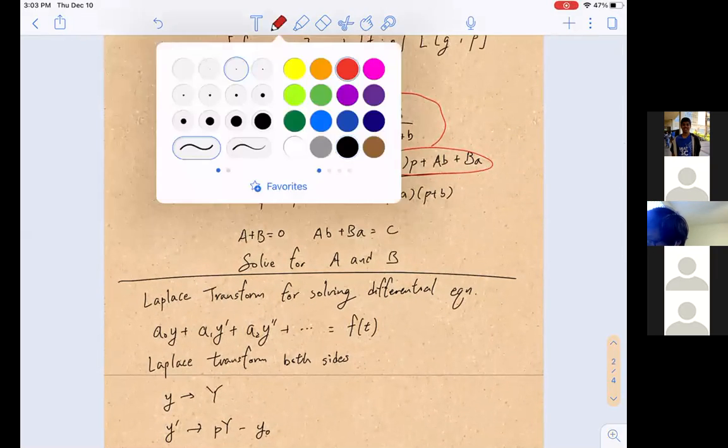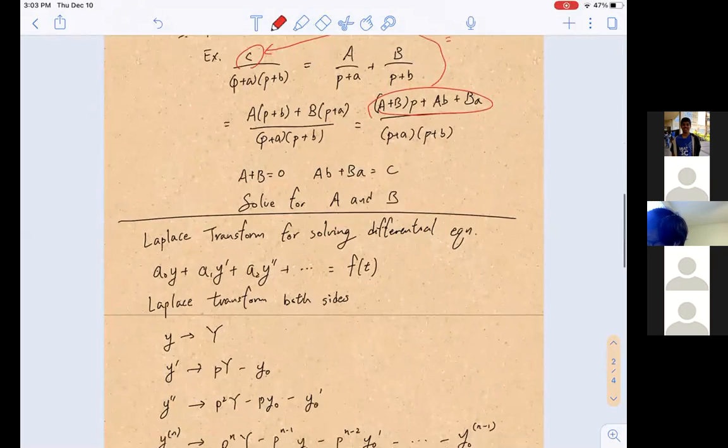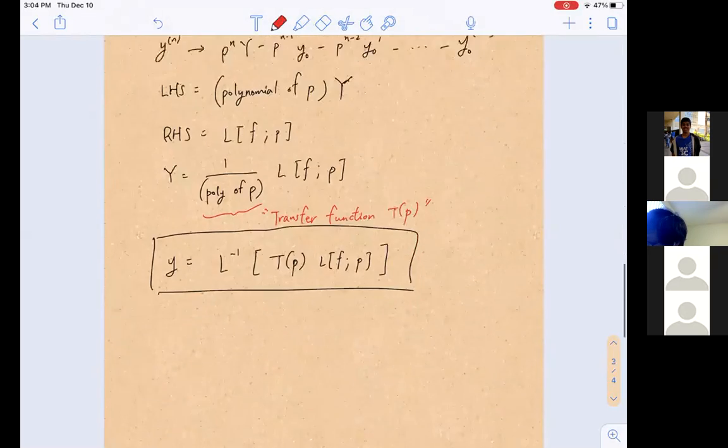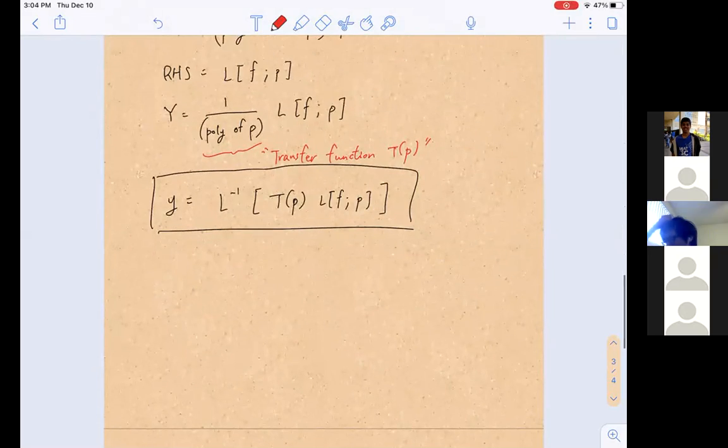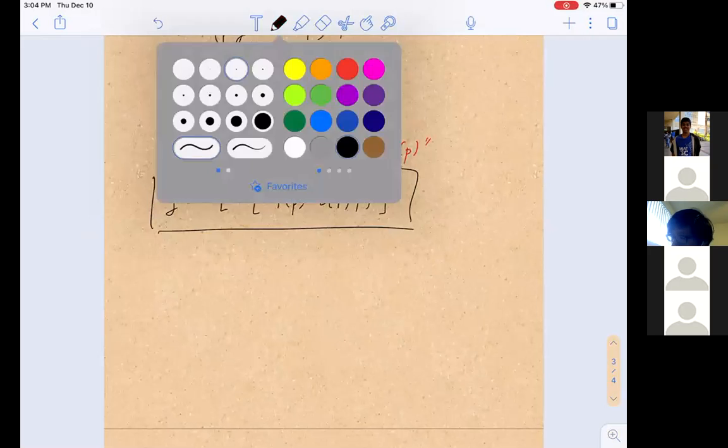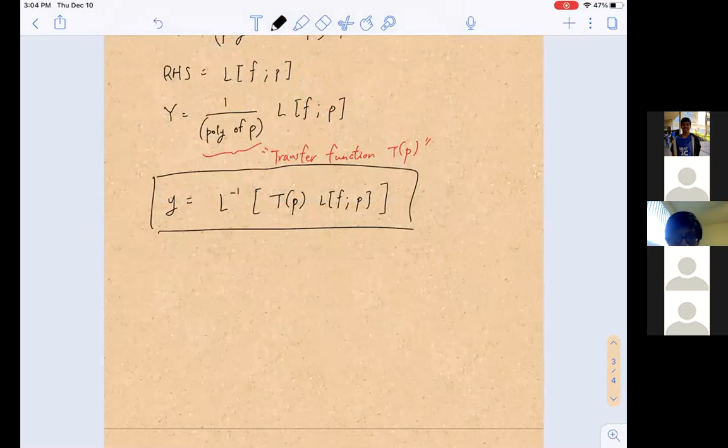Okay, so this thing, the red arrow means they're equal. Yeah. So here we are. So far so good.